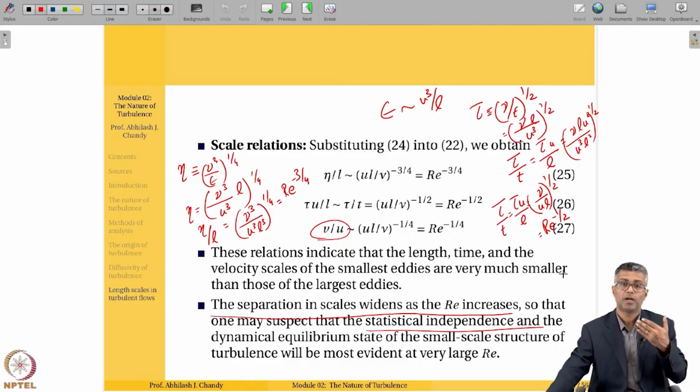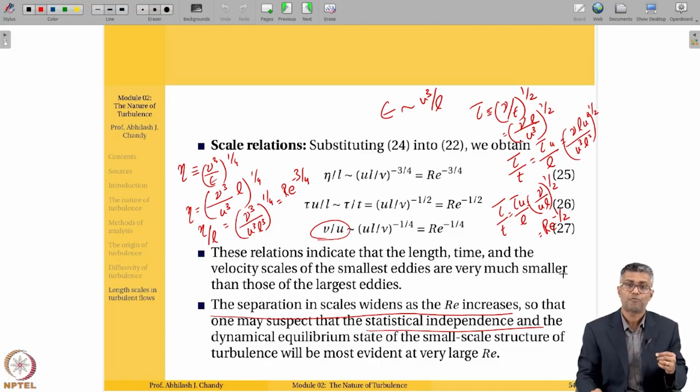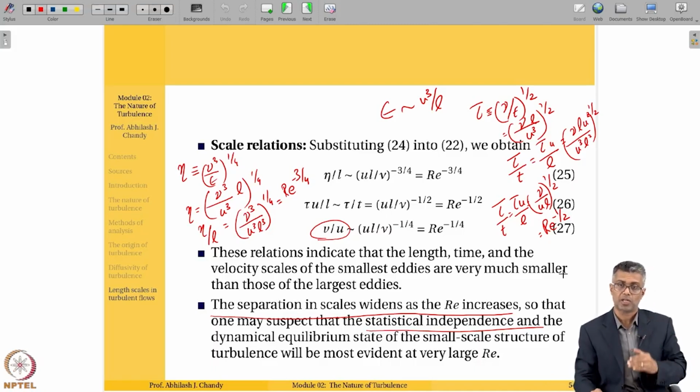So epsilon of the order of magnitude of U cube over L, you substituted that in the Kolmogorov equations of length scale, time scale and velocity scale, and you obtained an estimate for the small scale versus the large scale in terms of the Reynolds number for length, time and velocity.